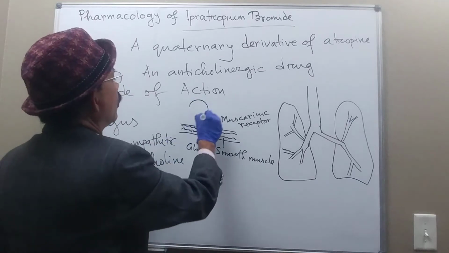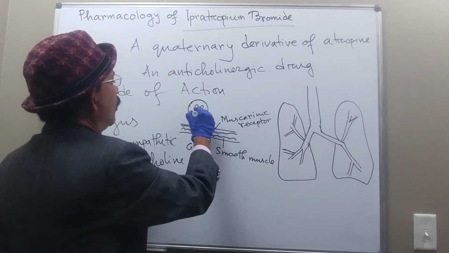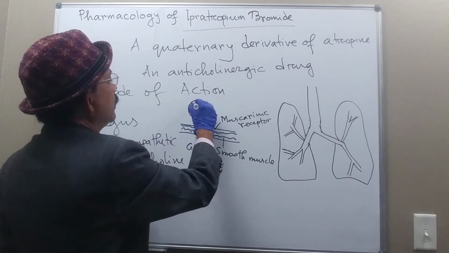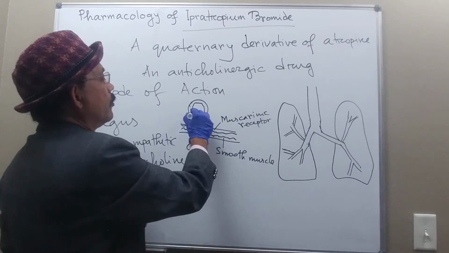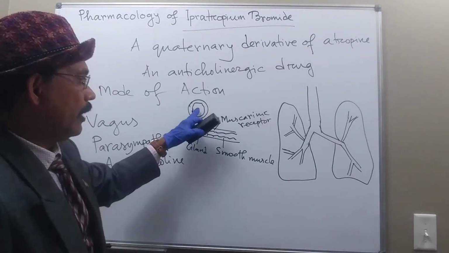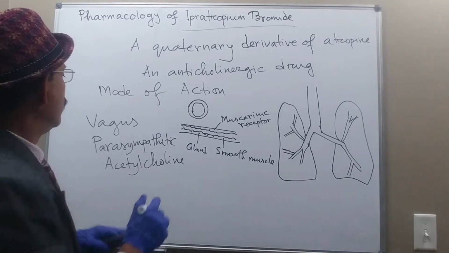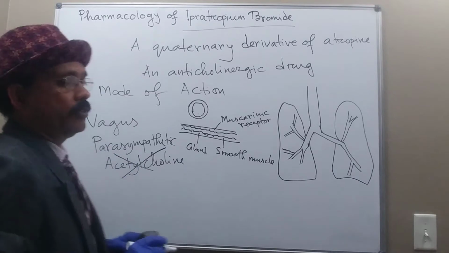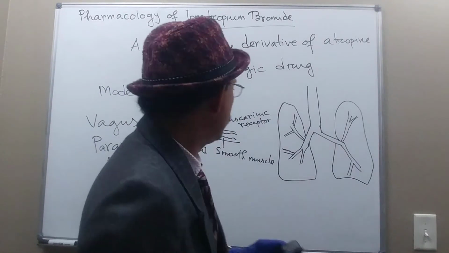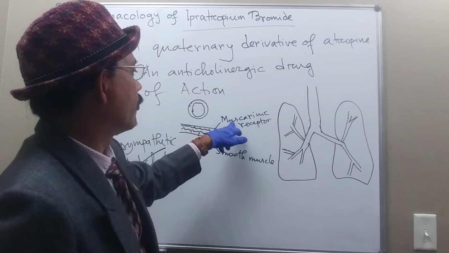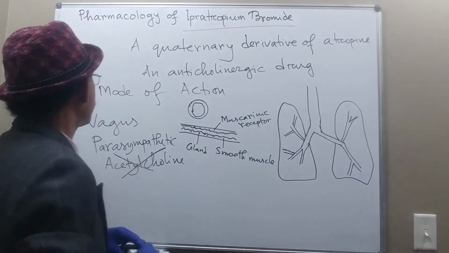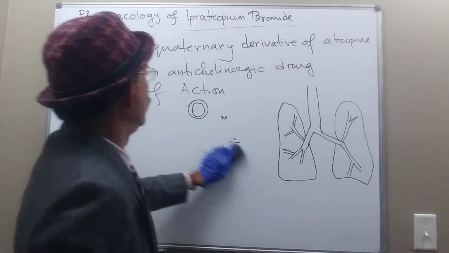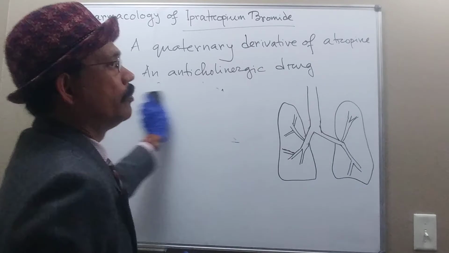So the lumen of the bronchus will be dilated by this drug, because there is no spasm in the muscle and a lack of secretion. It suppresses the acetylcholine, working on the muscarinic receptors. So this is the mode of action of Ipratropium bromide.